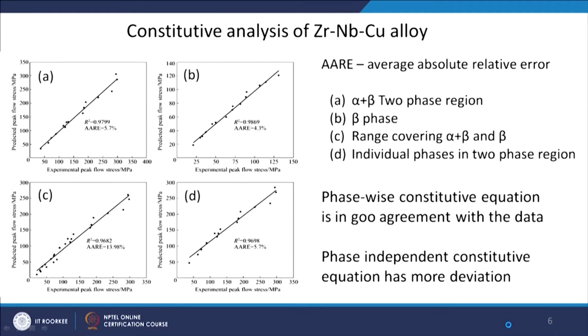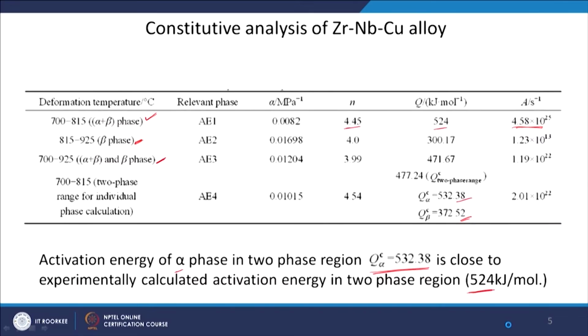So basically I was trying to tell you how we found out this data for the two phase region. I am just dividing different temperature regions. So this is my temperature scale. Suppose you have, let us say, flow stress data here.